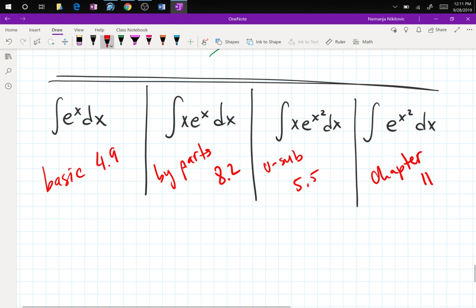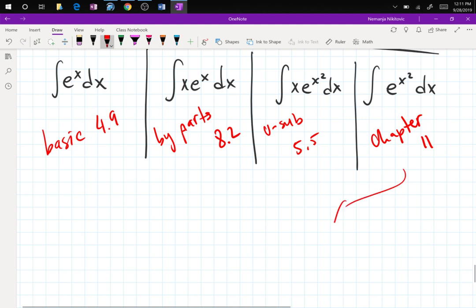And then you would say, so why bother? You bother because this function gives rise to a function that looks like this, e to the negative x squared dx.